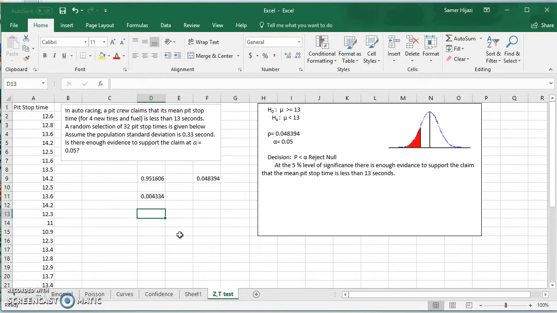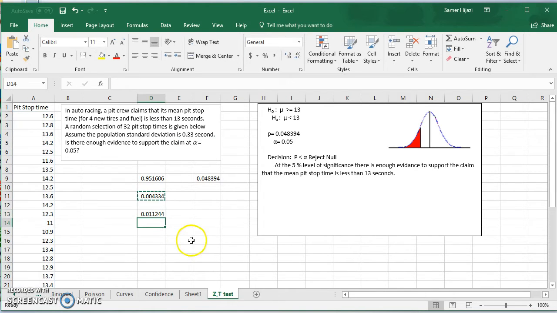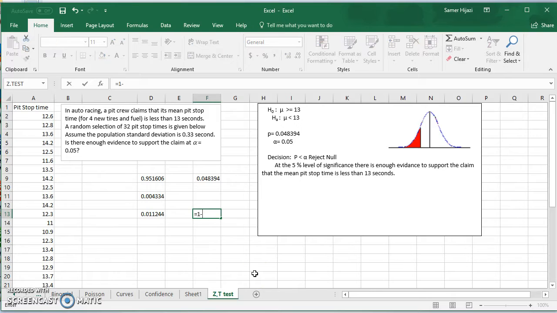Now, let's assume we have a two-tailed test, for example equal to 12.77. Whenever I'm doing a two-tailed z-test, I cannot take right away the right or the left because I don't know where the z-value is going to be. So, and this is very important, I will take whatever the z-value gives me and take 1 minus that. Remember that for a two-tailed test, I need to take twice the p-value.